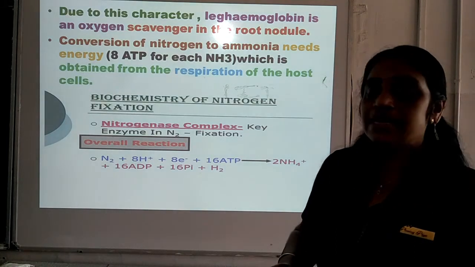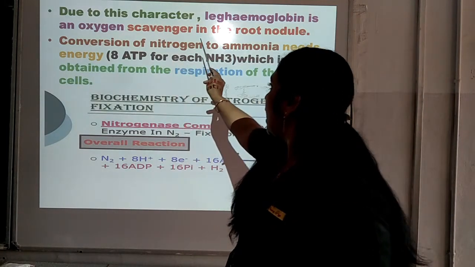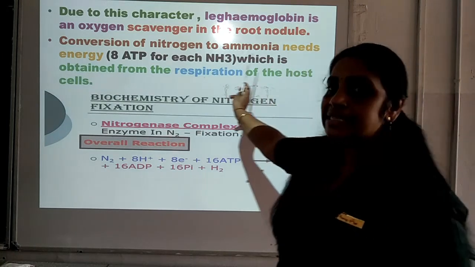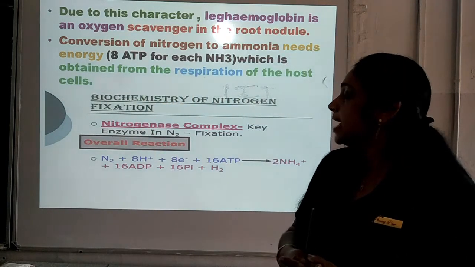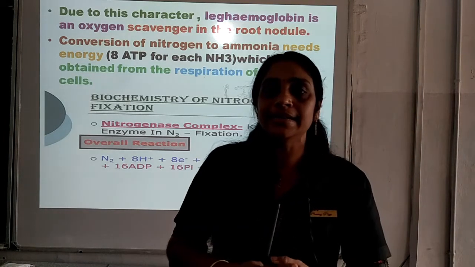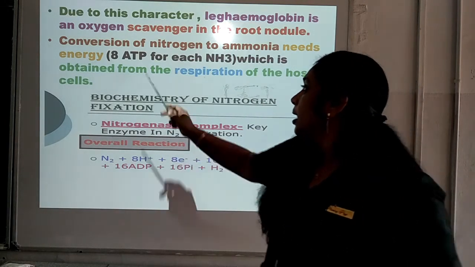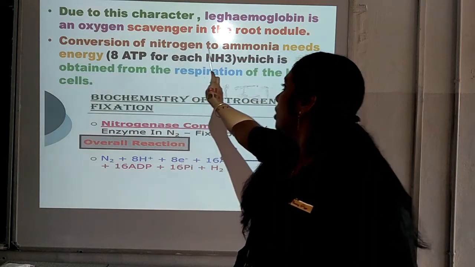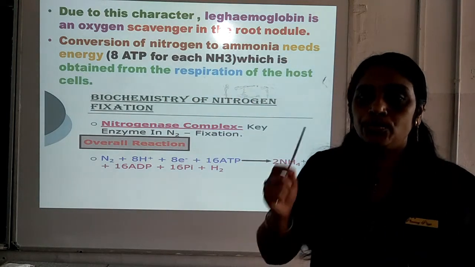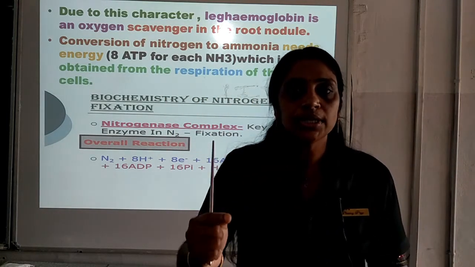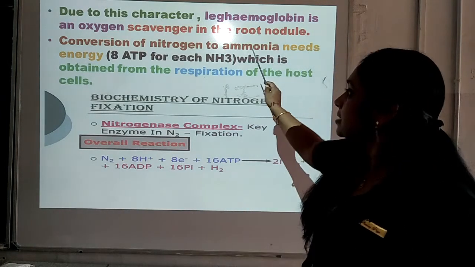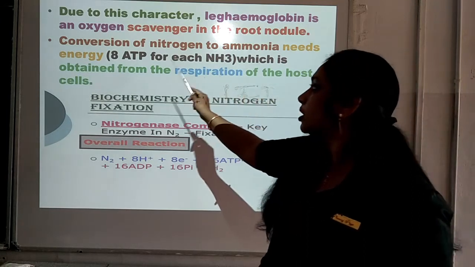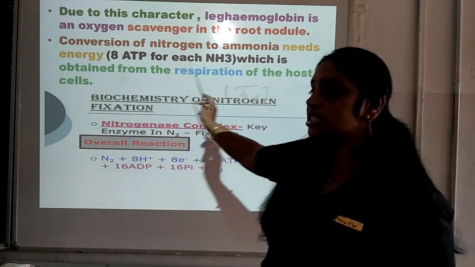Now next we can see the conversion of nitrogen to ammonia needs energy. The atmospheric nitrogen, which has to be converted to ammonia, needs energy, that is 8 ATP for each ammonia. For the production of each ammonia, 8 ATP is needed, and this 8 ATP is obtained from the respiration of the host cell.